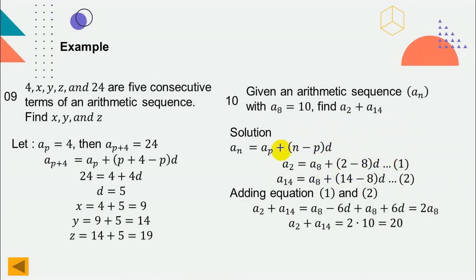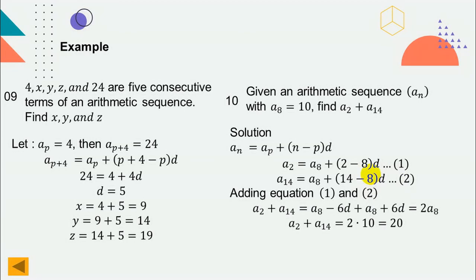From here, you just need to substitute. A2, the second term, is equal to the 8th term, because 2 is n, so 2 minus 8 times d. And then for the 14th term, the 8th term plus 14 minus 8 times d. You need to add the equations of both of them.